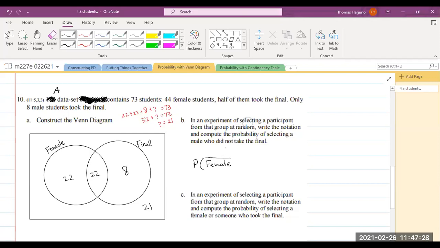Okay, not female, and did not take final, so not taking final. How many not female, not taking final? So male not taking final, that's 21 over 73. But don't forget, I want you to write the notation also beside computing. So this is the notation.